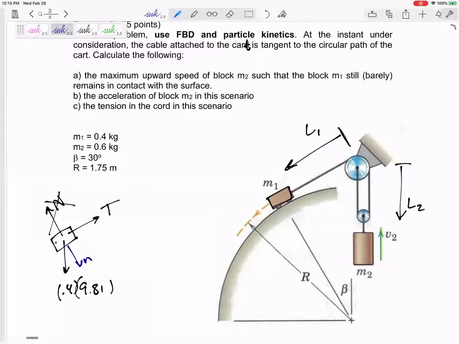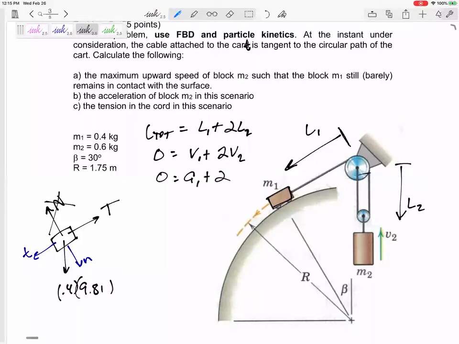Another reason to choose tangential: let's do the L total. There are two pulleys versus 1 pulley, so L total is L1 plus 2 L2s, V1 plus 2 V2s, and A1 plus 2 A2s.